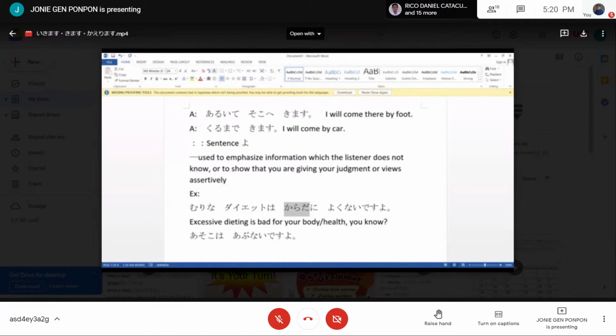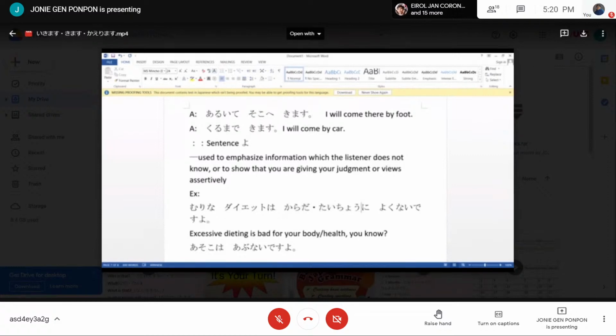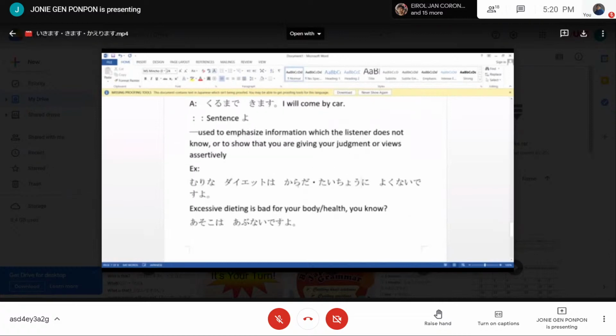Health is taicho pala. Yeah, I remember now. So taicho ni yokunai desu yo. You can also say here taicho ni yokunai desu yo. So this one is for the normal, casual conversations, and this one is the medical term. So for the health, taicho.